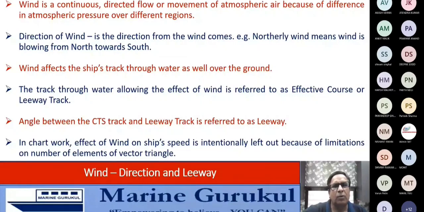So when wind and current often coexist, even if the effect of wind has not been considered in isolation, it will automatically show up when the current is estimated, and as far as the ship is concerned, it will be taken care of. So that is if they coexist. However, if you talk of a hypothetical situation where there is only wind and no current, then yes, the effect of wind on the speed of the ship in chart work is intentionally left out. But again, I would say in practical considerations, it may not be a serious omission.